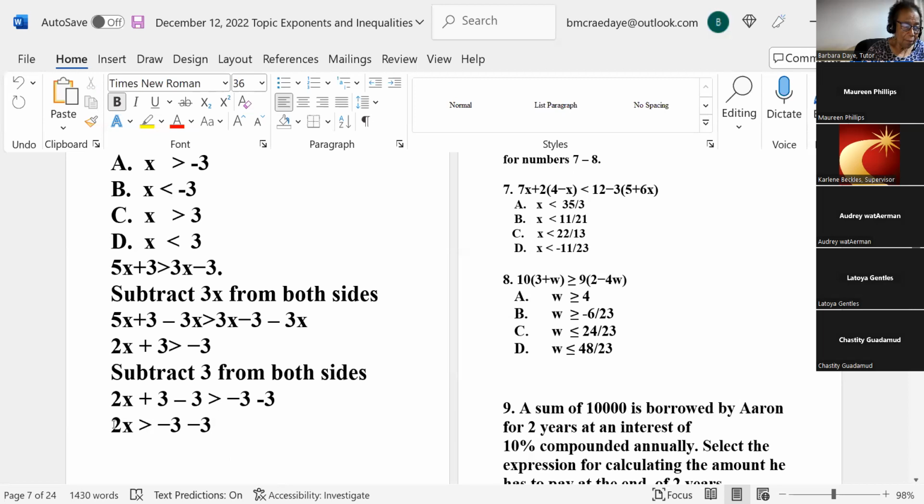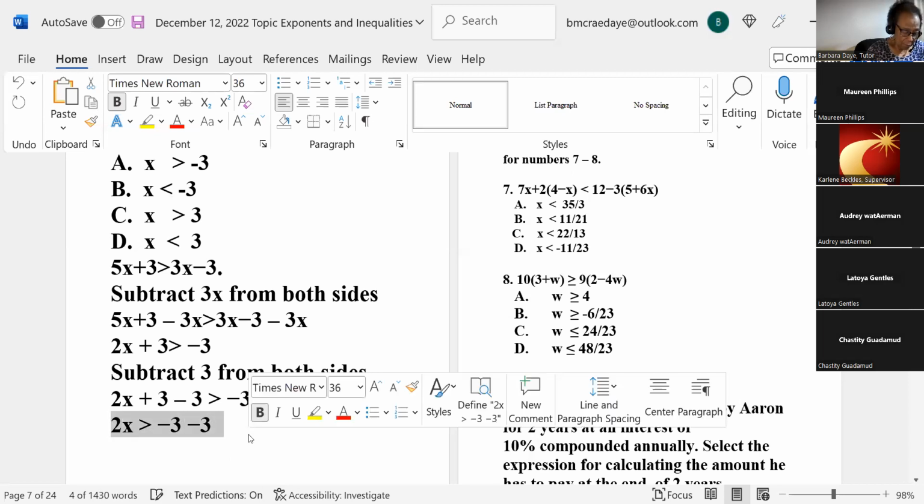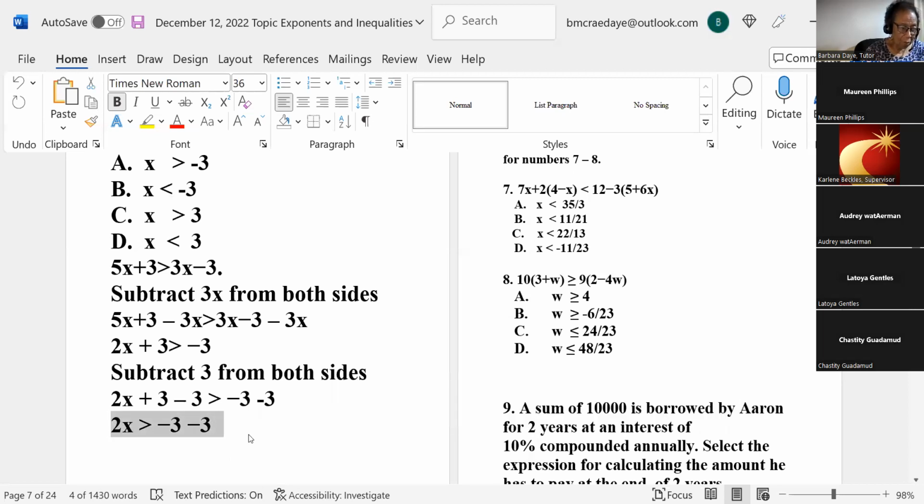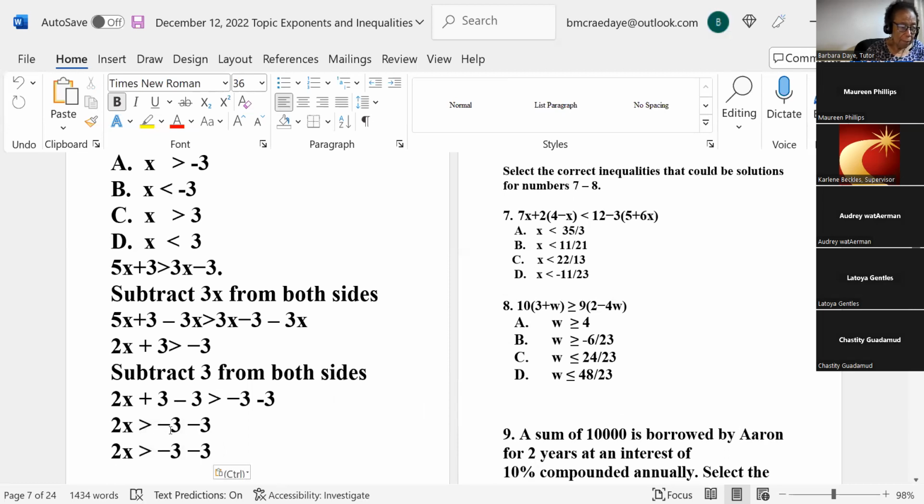What does a positive and a positive give you? Add a positive and a positive. What do you get? A plus and a plus gives you what sign?